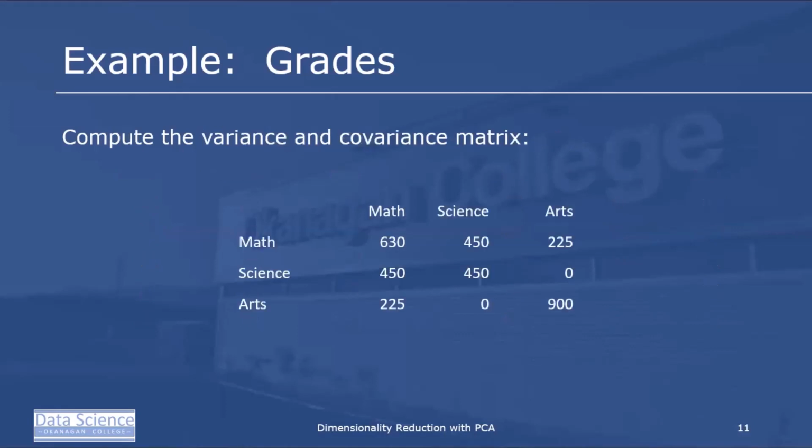As before, we compute the variance and covariance matrix. This is the matrix on which we're going to try to find our eigenvalues. It's a little trickier in 3 dimensions to find eigenvalues and eigenvectors.